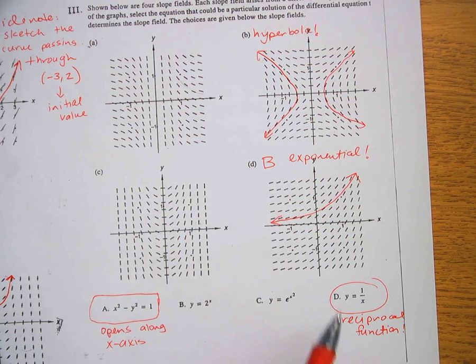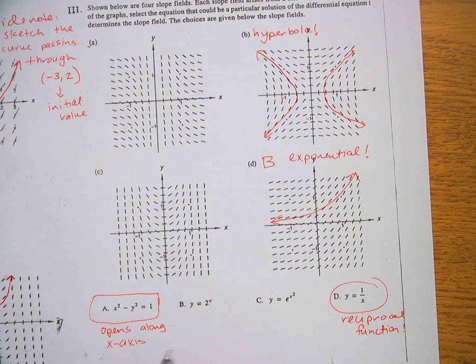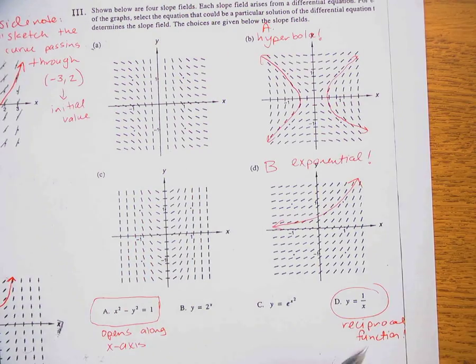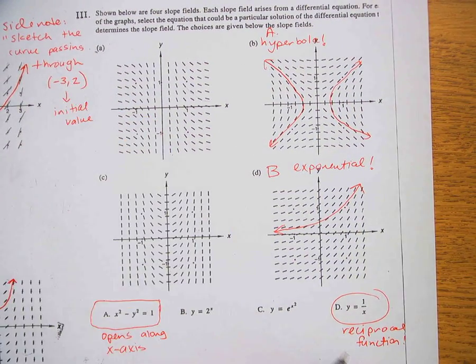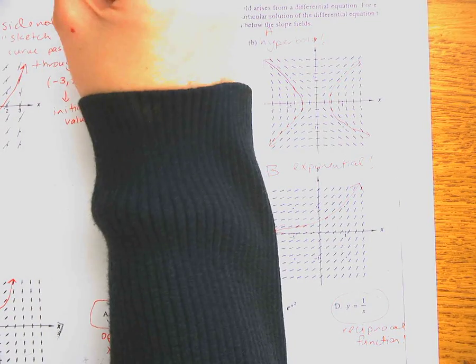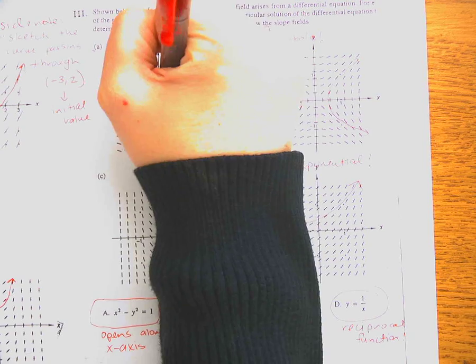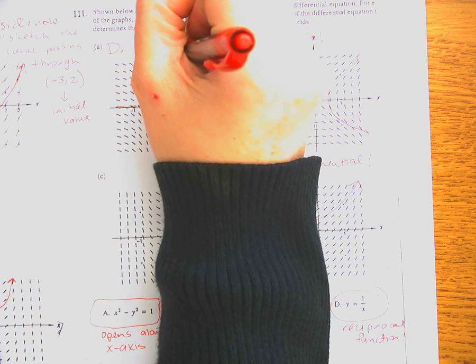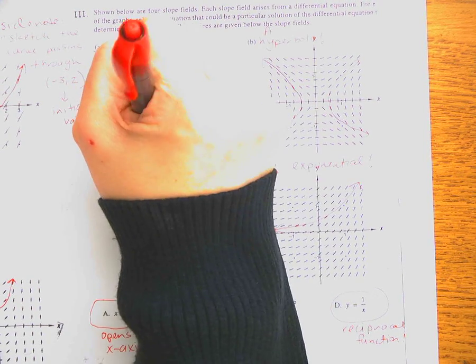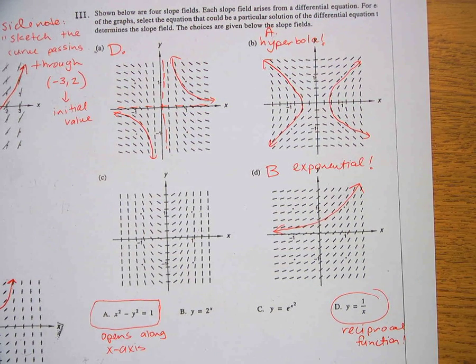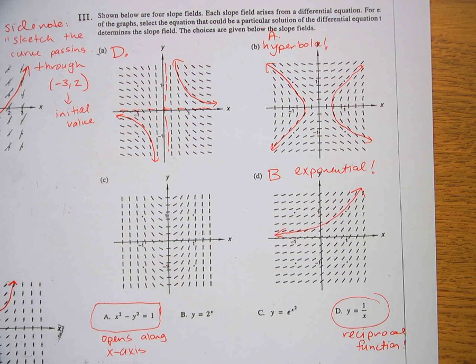So that looks to me like this is going to go with A. So B went with capital A. And then little a goes with capital D, because you've got the asymptotes here, and then the alternate facing curves. So basically these slope fields are giving away what their original functions were.